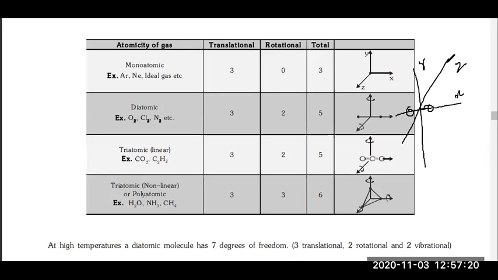Yes or no? So it will have 2 rotational degrees of freedom. Triatomic and nonlinear polyatomic can rotate in all directions, so we will have 3 degrees of freedom for that. So this you have to remember.